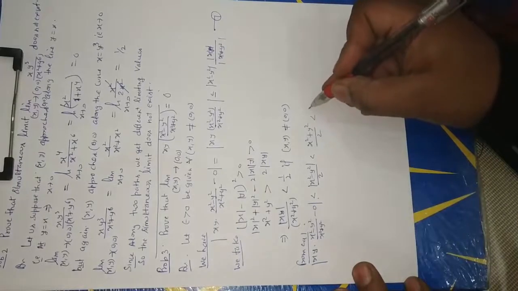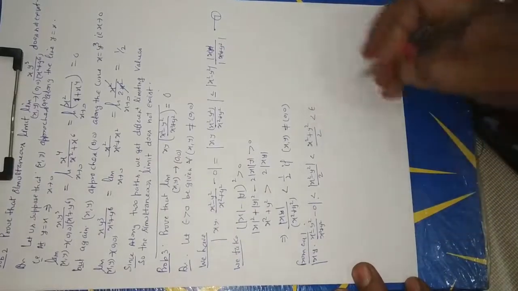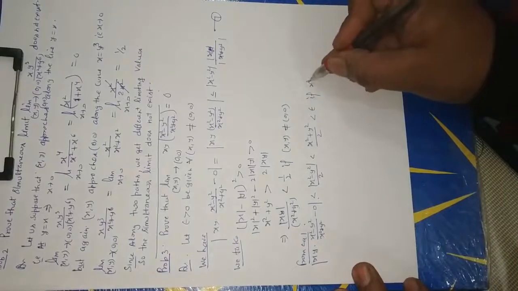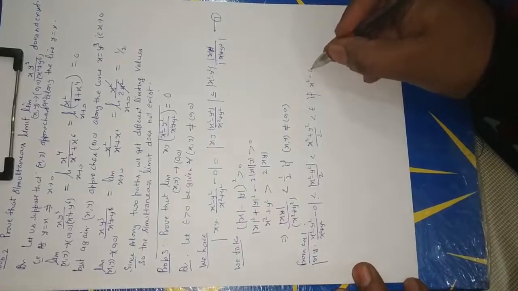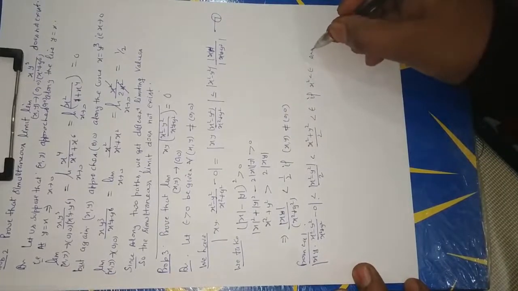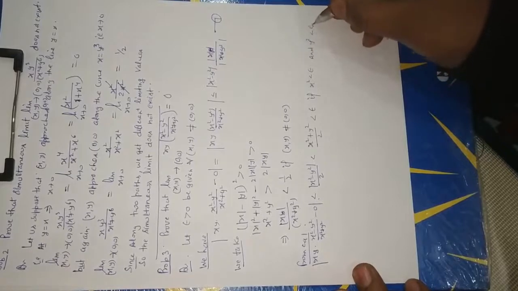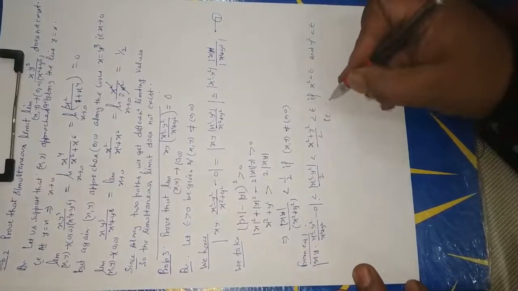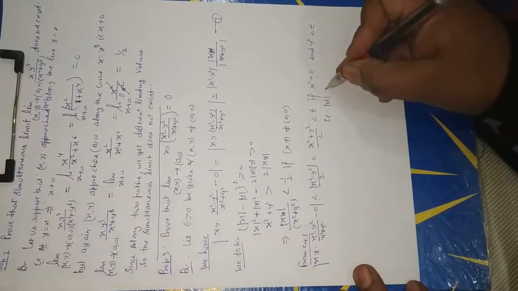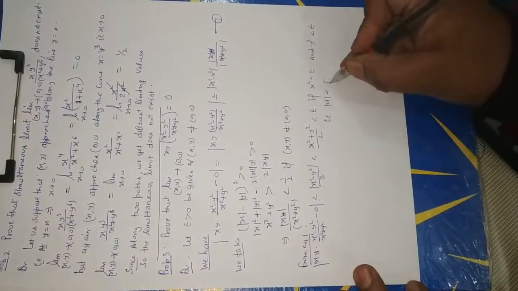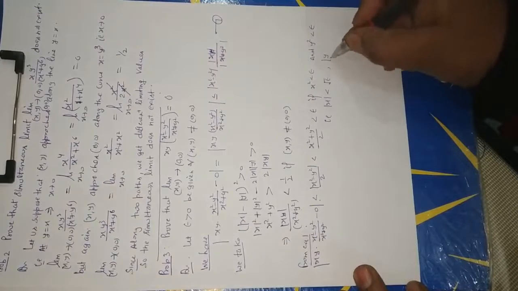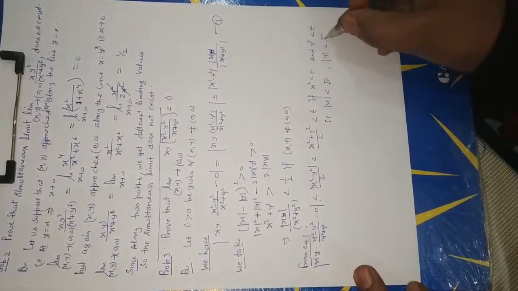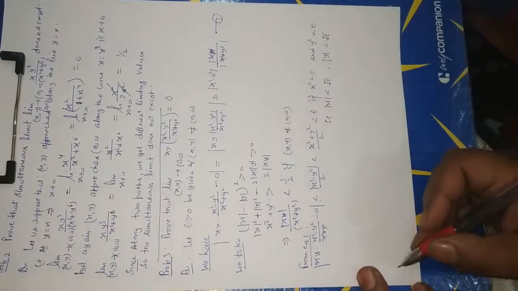This is less than epsilon if x² is less than epsilon and y² is less than epsilon, that is |x| is less than or equal to root epsilon and |y| is less than or equal to root epsilon.